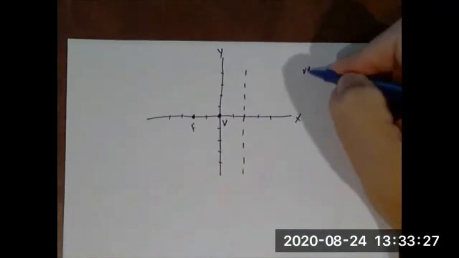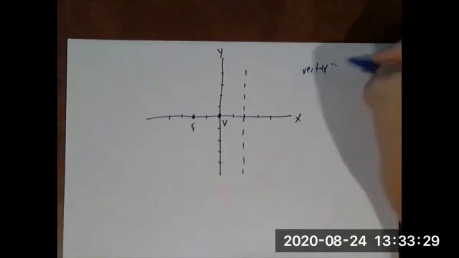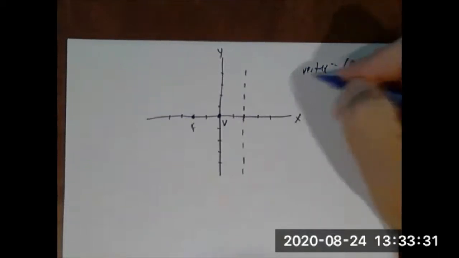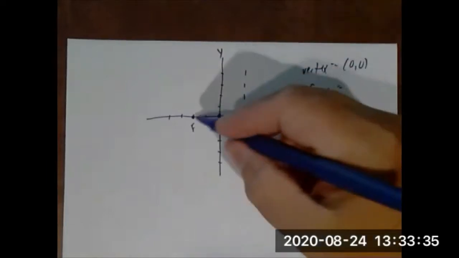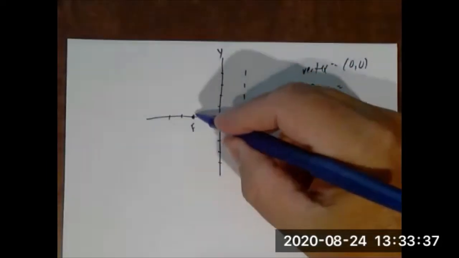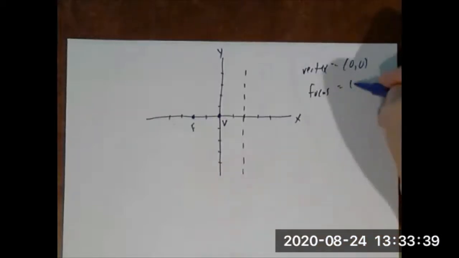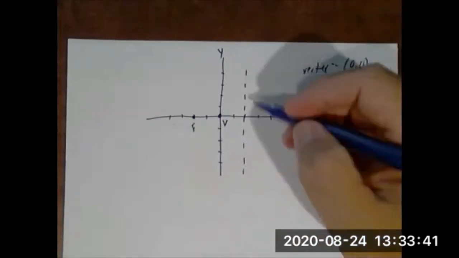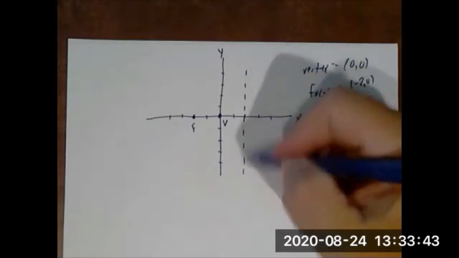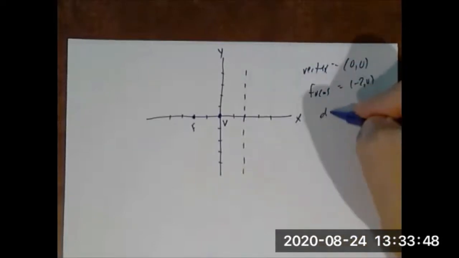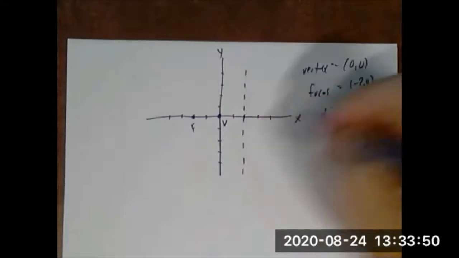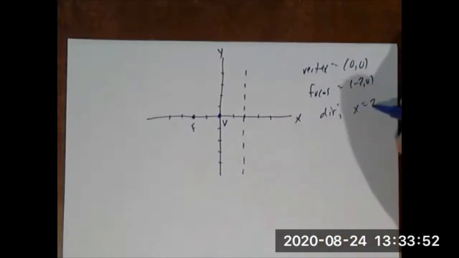But let's keep track because they always like to ask you these questions. The vertex is 0, 0. Once I step off to the focus, I realize it's -2, 0. In this case, my directrix is a vertical line. The equation of a vertical line is going to be x equals 2.